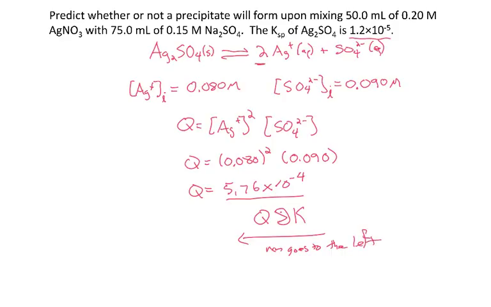If this reaction goes to the left, then I'm forming Ag2SO4 solid. That means a precipitate will form when these solutions are mixed.